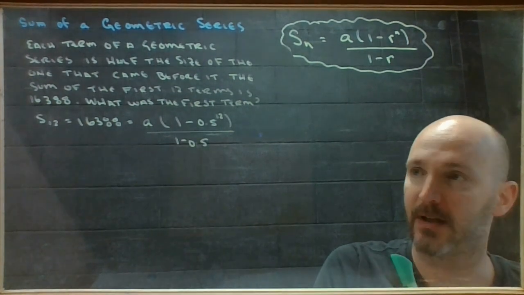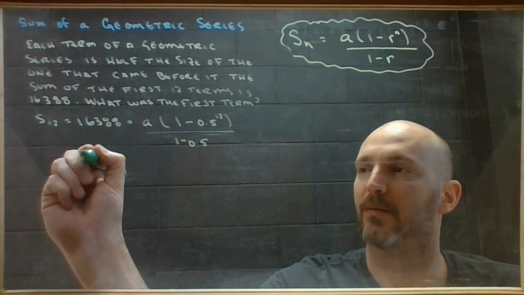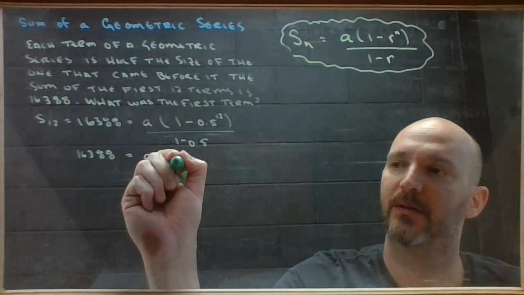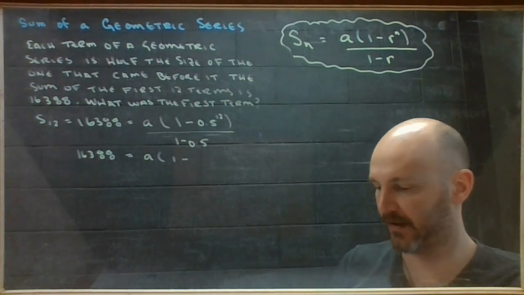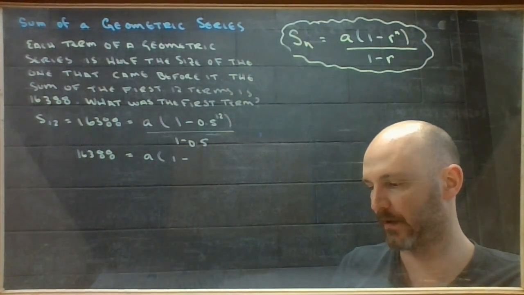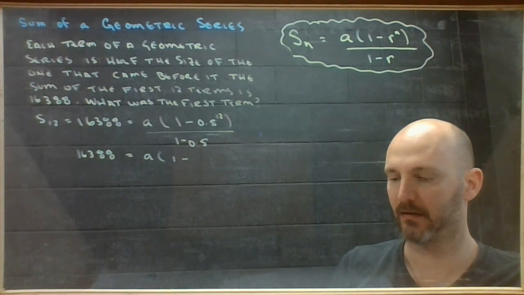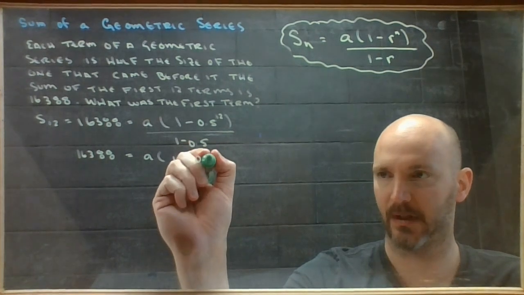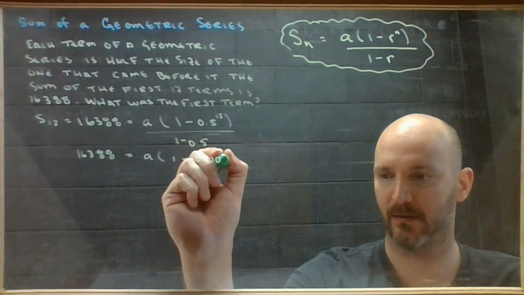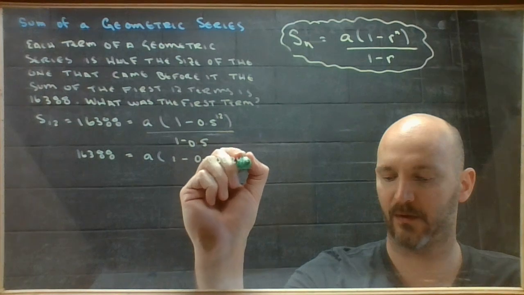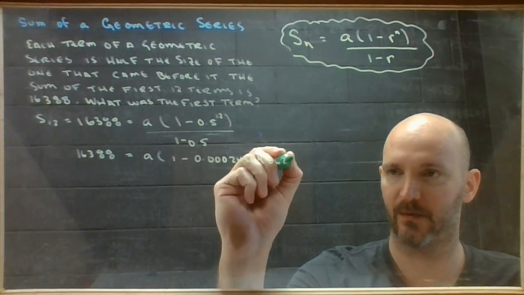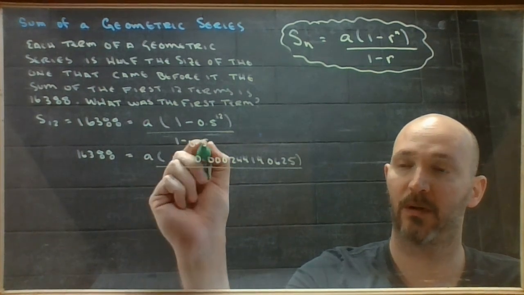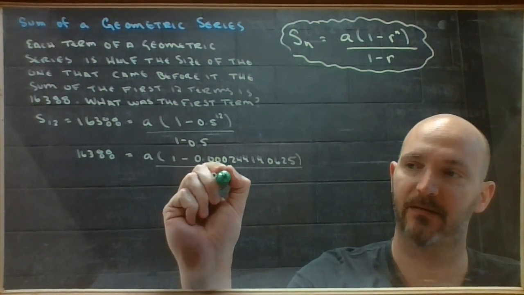All right, so I got all my numbers filled in there. So 16,388 is my sum. 0.5 to the exponent 12 gives me 0.0002444140625. 1 minus 0.5 is 0.5.